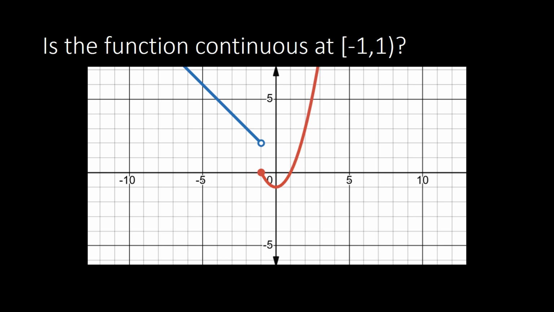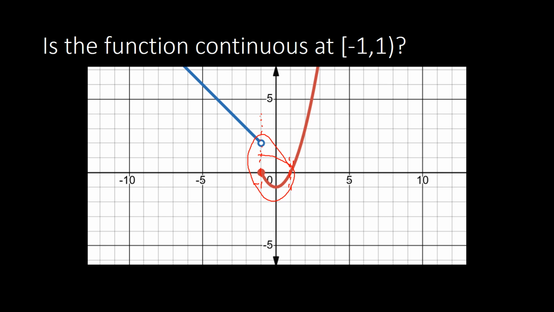We have here [-1, 1], a closed interval, which means that tracing on x = -1 we trace the graph, and on 1 we also trace the graph. This is the portion of the graph which we are to consider.